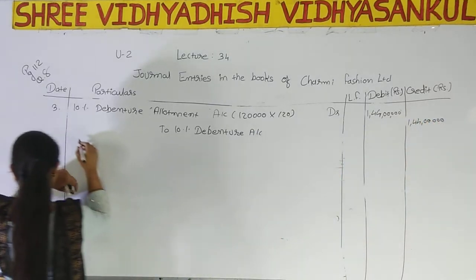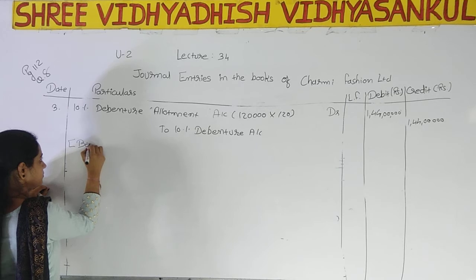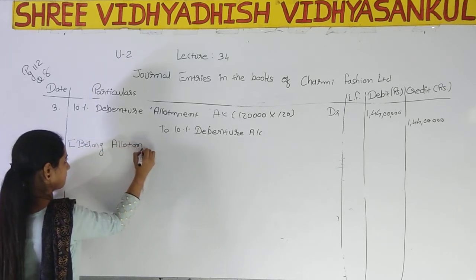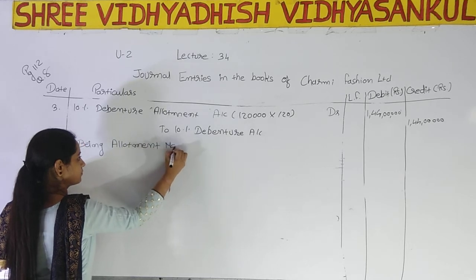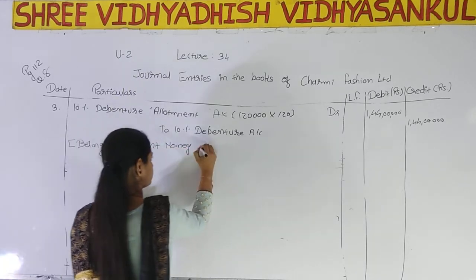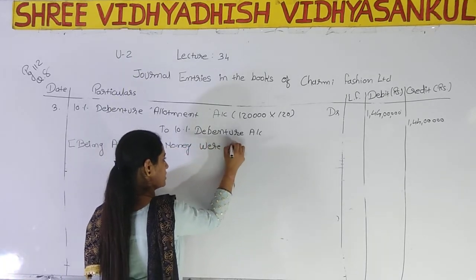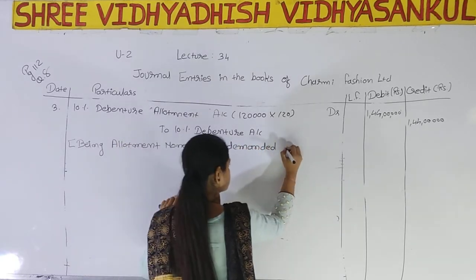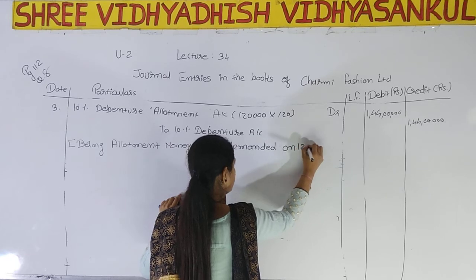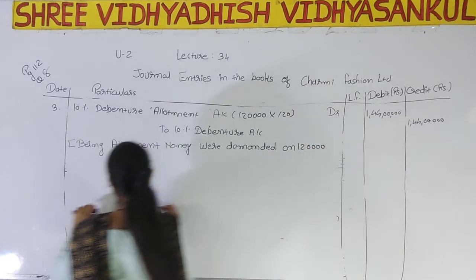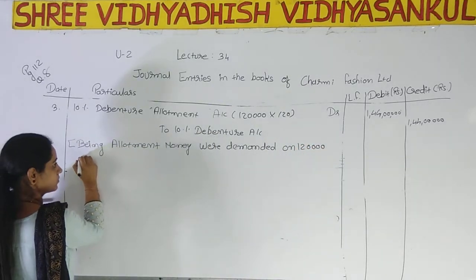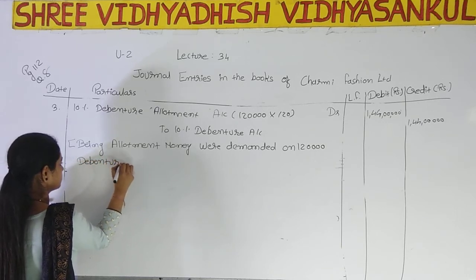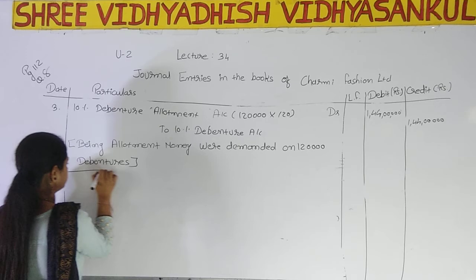Into bracket, bill: allotment money were demanded on 1,20,000 debentures. Bracket over, underline.